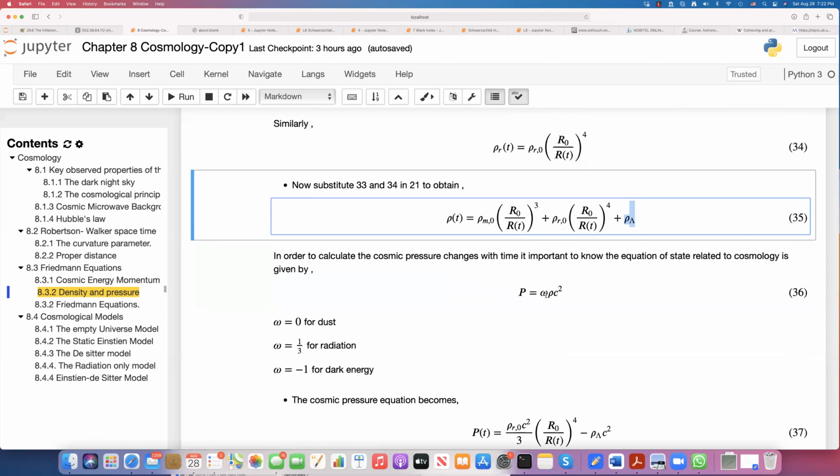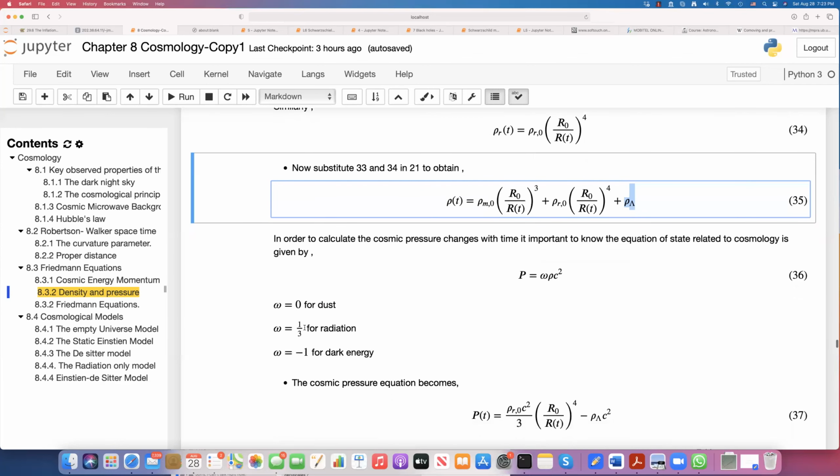If this is dust, then this omega parameter will be 0. So that means basically the pressure will also be 0, right? P equals 0 times rho c squared. If this is radiation, then omega will be equal to 1 over 3, and you can directly plug in the value: P equals 1 over 3 times rho c squared. So that is the radiation term, and for the dark energy it is -1. So that will be P equals minus rho c squared, right?